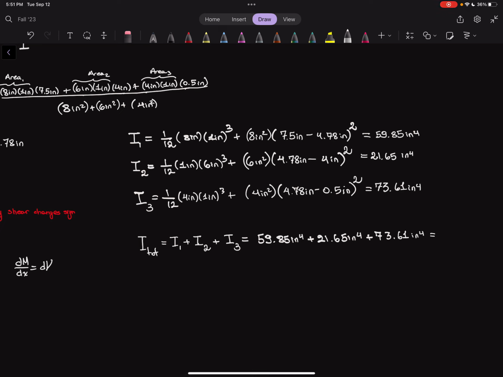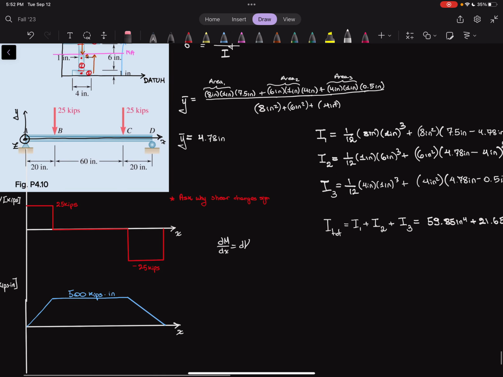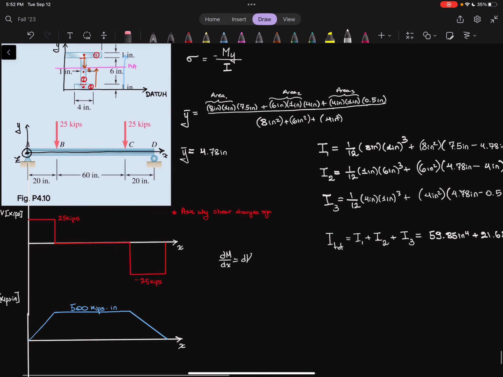Let me do it. 59.85 plus 21.65 plus 73.61, and that's going to be 155 inches to the fourth. Right there. So now that we calculated that, I think we have everything we need.